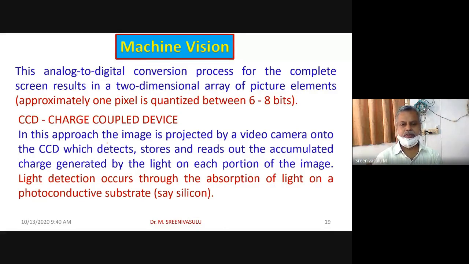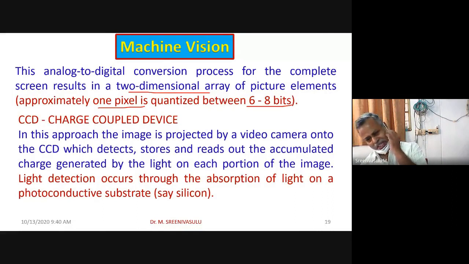Whenever it has scanned another frame, likewise thousands of frames of information are made available for us. In that process, if you consider a two-dimensional array of picture elements, normally one pixel's information is quantized between 6 to 8 bits, meaning 2 power 6 to 2 power 8 levels of data are extracted.